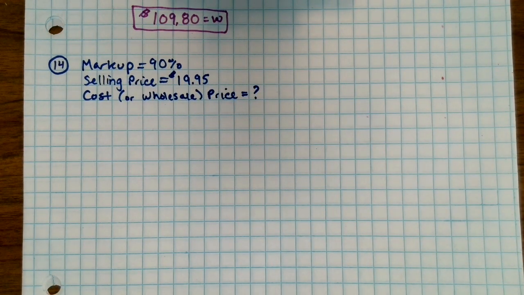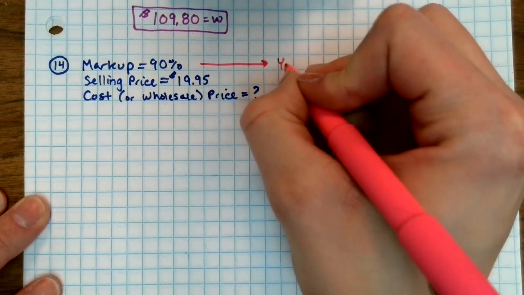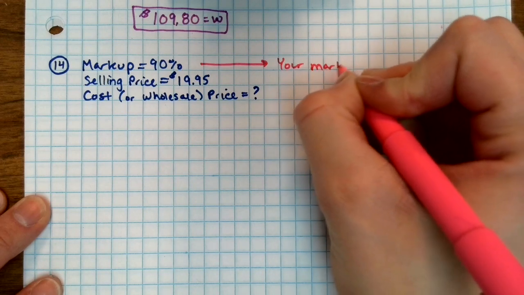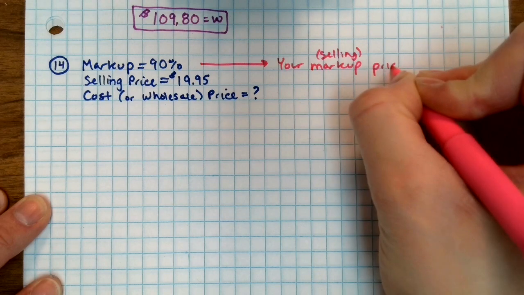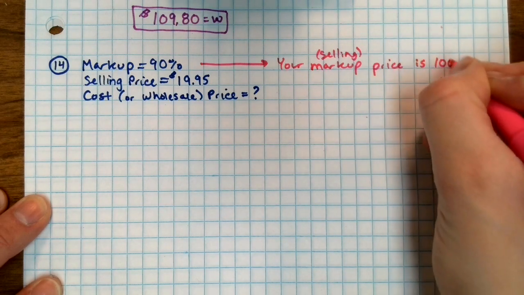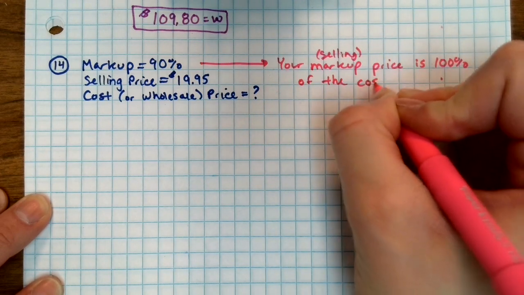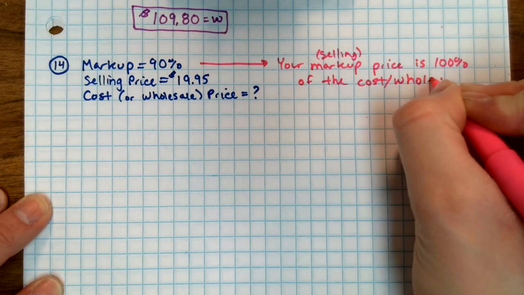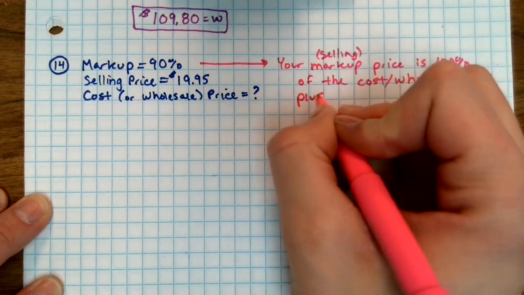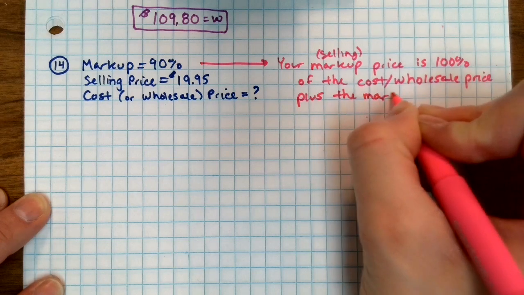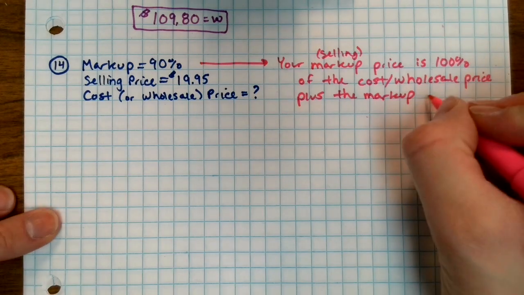One thing to keep in mind when we're dealing with markups: your markup or selling price is 100% of the cost or wholesale price plus the markup percent, because you're taking whatever the original cost is and marking it up that additional percentage.